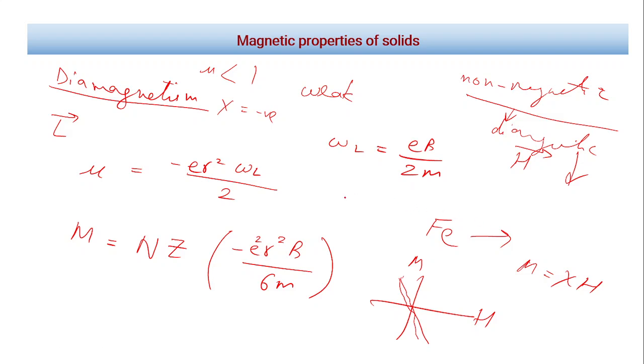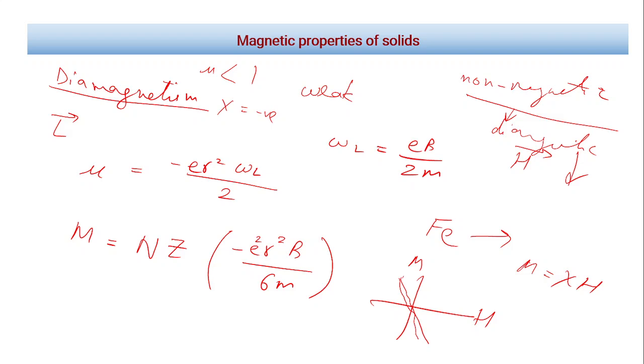So what I wanted to say is that diamagnetism is an innate property of every material, but it gets overshadowed when other kinds of magnetism are also present, like ferromagnetism, antiferromagnetism, ferrimagnetism, or paramagnetism, because their strength is much higher than diamagnetism.